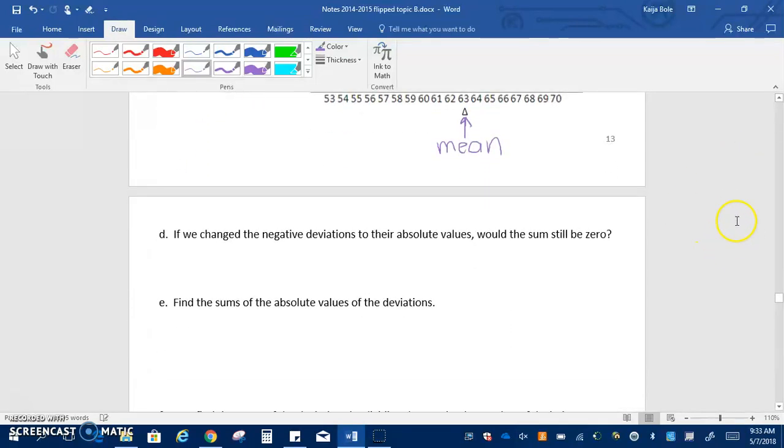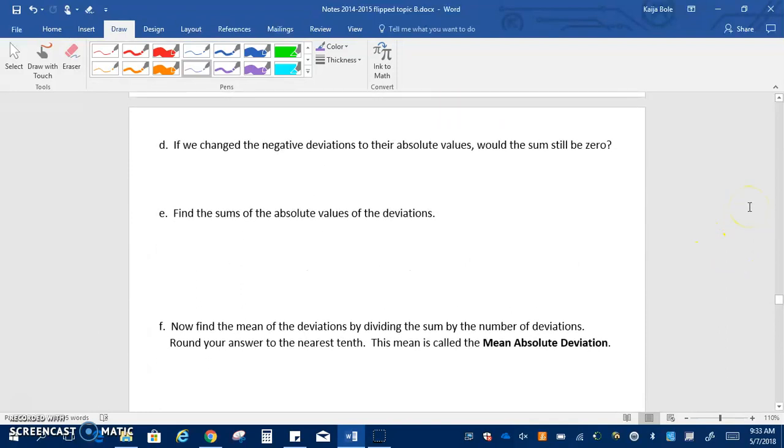Alright, on the last page here, this is really what we're getting at. So D says if we change the negative deviations to their absolute values, would the sum still be 0? And we know the answer would be no, because all values would become positive.